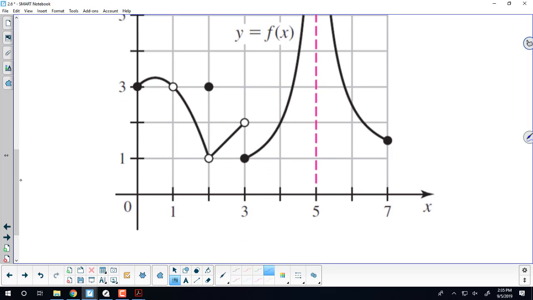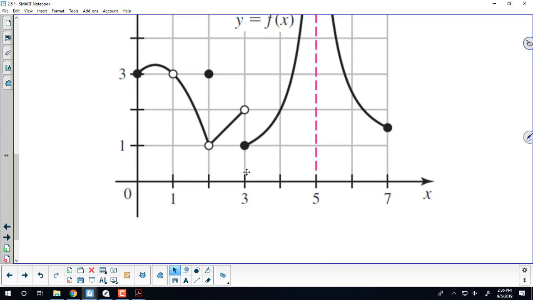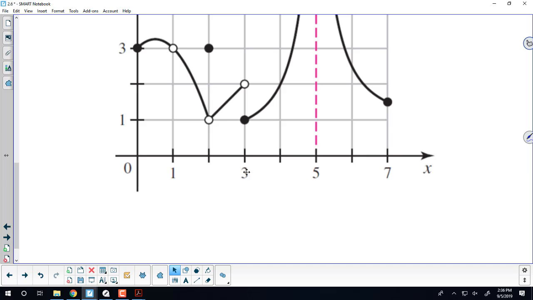We can just list them off. There's a few of them, but for each one we list, we need to justify why that's true. Okay. So where is one value this function is not continuous?